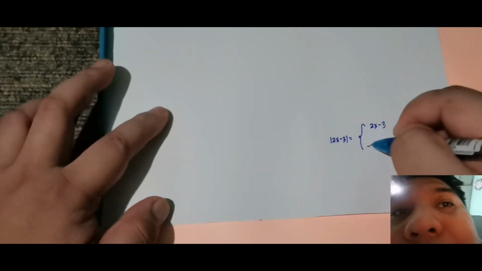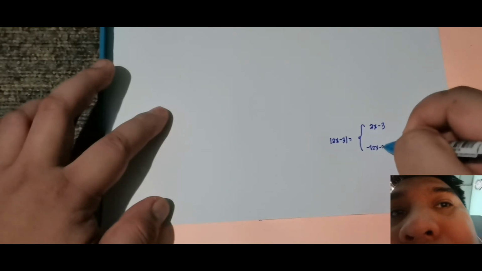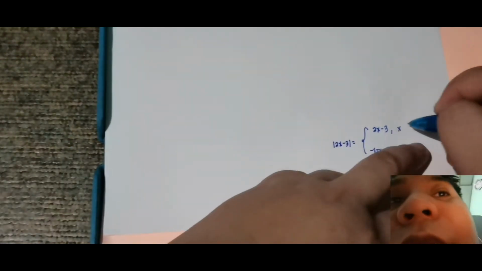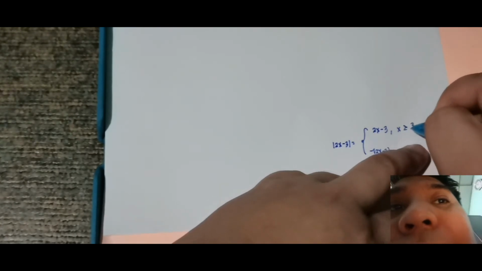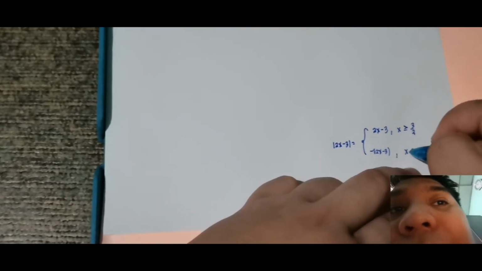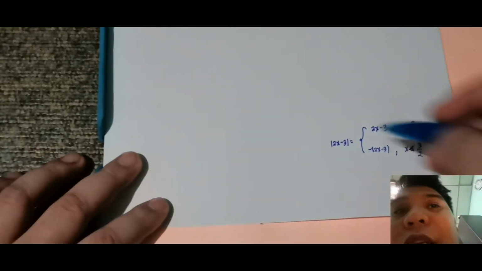Yung pangalawa, negative 2x minus 3. Ito ay if x is greater than or equal sa 3 over 2. Ito naman pag x is less than sa 3 over 2. Ganyan ina-apply yung absolute value kung naalala nyo.